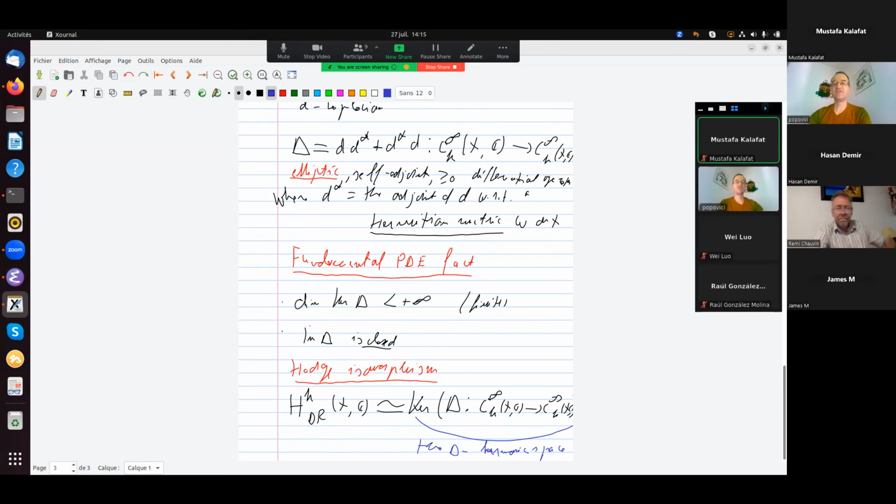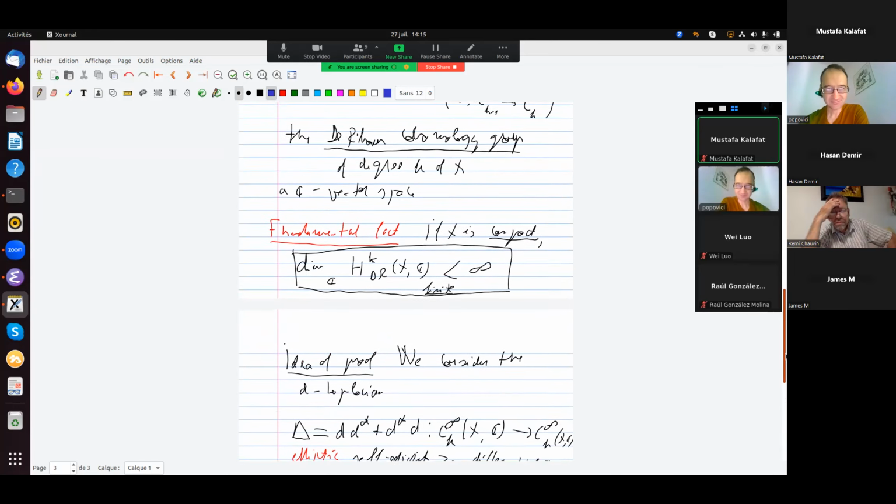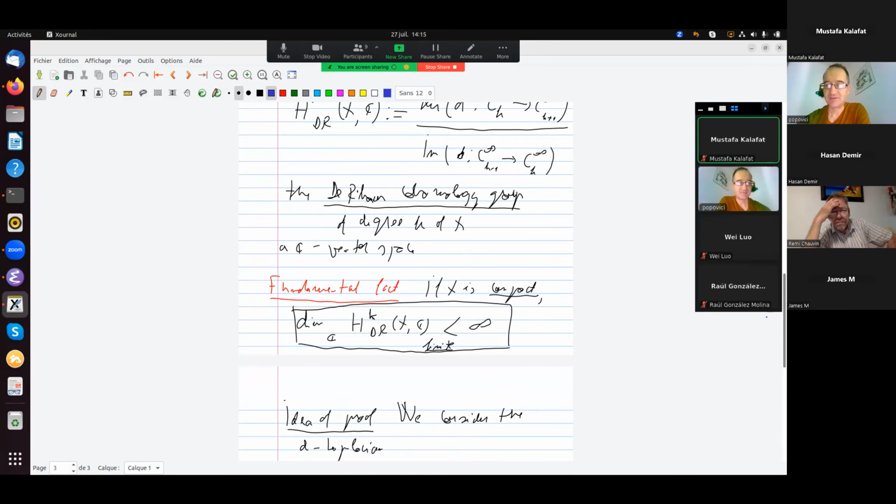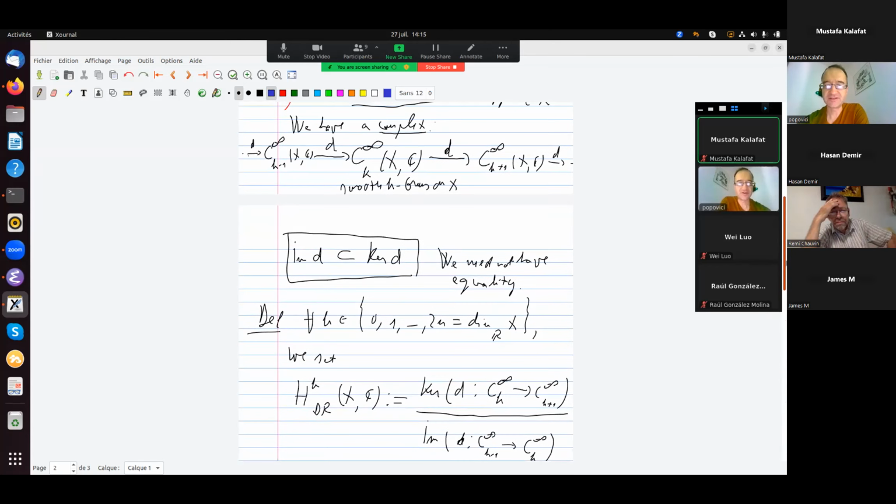And these are the rudiments of Hodge theory. So the cohomology space is of an algebraic nature. You can regard this purely as an object in homological algebra: you just take a complex, the de Rham complex. Of course, it's not entirely algebraic, because in the de Rham complex the operator d is a differential operator, but you can regard it as a purely formal object.